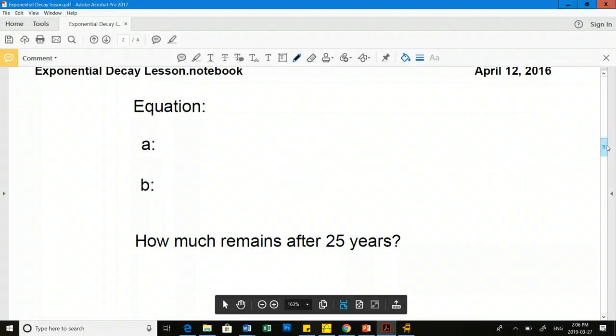Paige? What is a half-life? Half-life is the time it takes for that amount to be cut in half. Wait, but how could it have a half-life of 2 years? So it takes 2 years for any initial amount of something, especially radioactive elements like this, they do what we call decay.